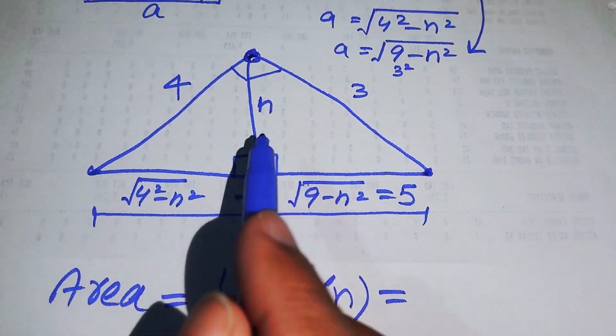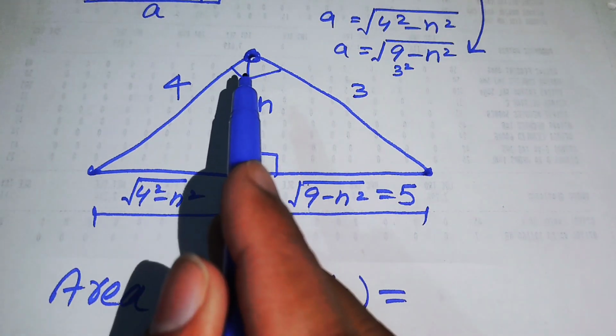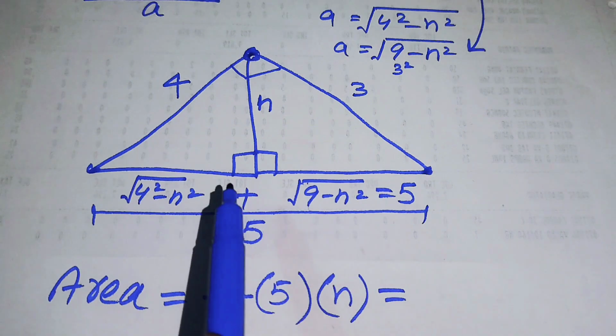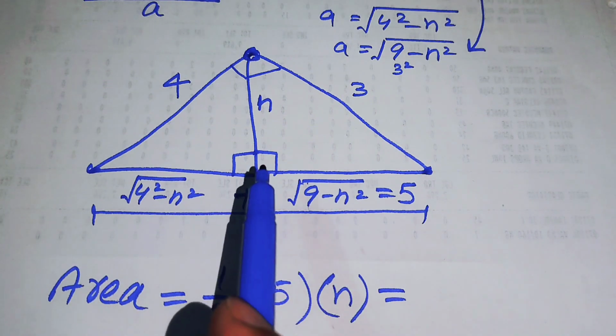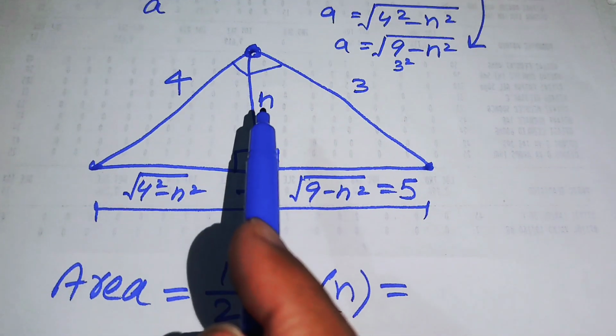So according to the above right angle, we write the length and width, it will be equal to 1 over 2 times length into width.